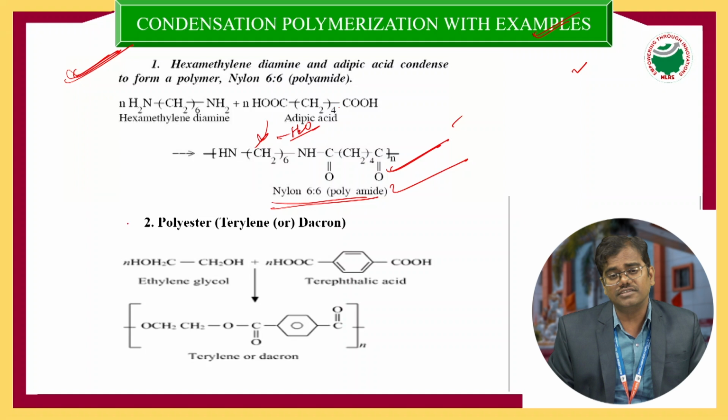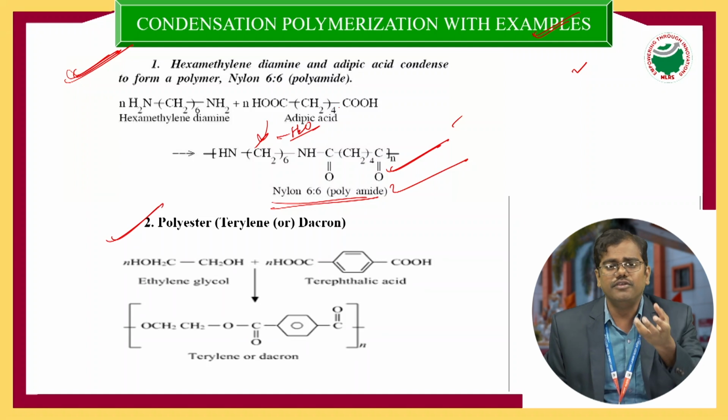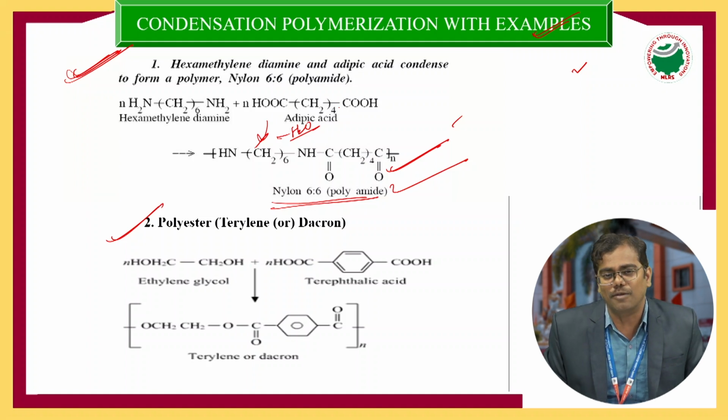The second example for condensation polymerization is polyester, which we can also call sterilene. Generally we call it polyester cloth. Many ester linkages are present in this polymer.